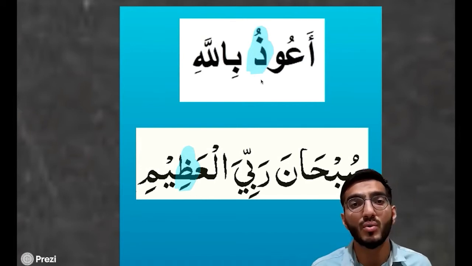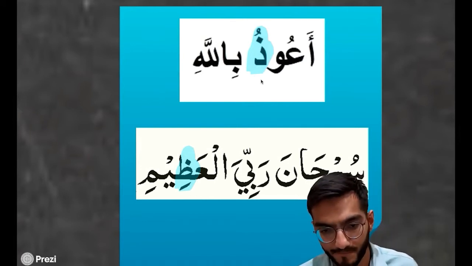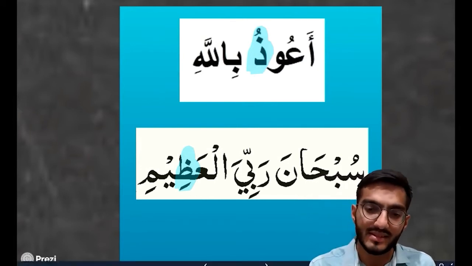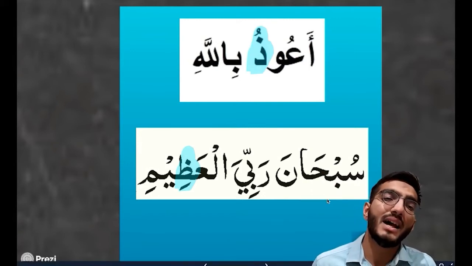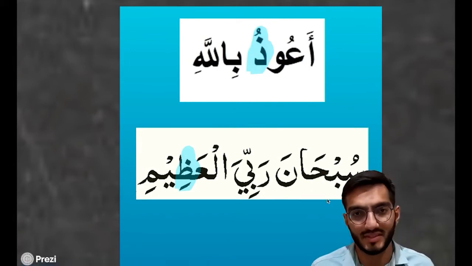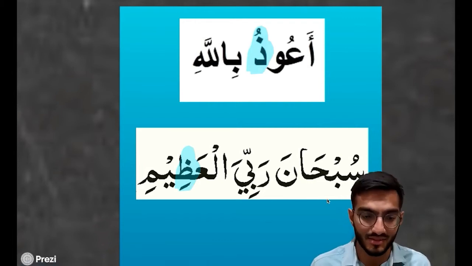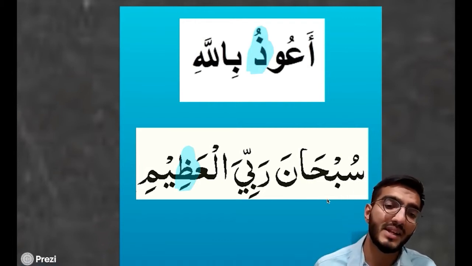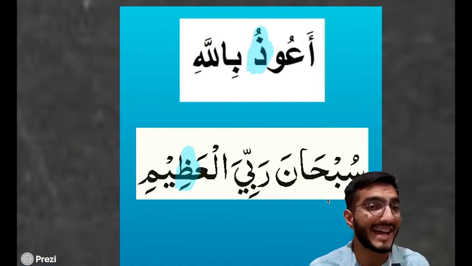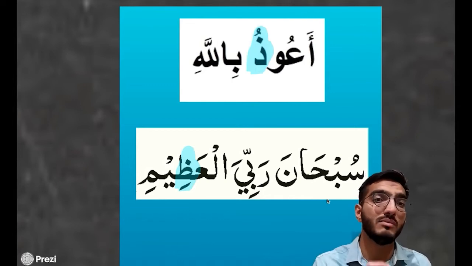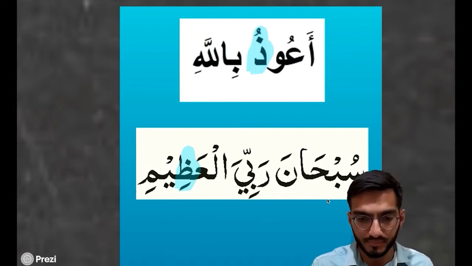A'udhu billah. And then this is Subhana Rabbiyal Azimi wa bihamdihi. In namaz, we recite this in ruku. Subhana Rabbiyal Azimi. It's not Azimi, it's Azimi with the round mouth.